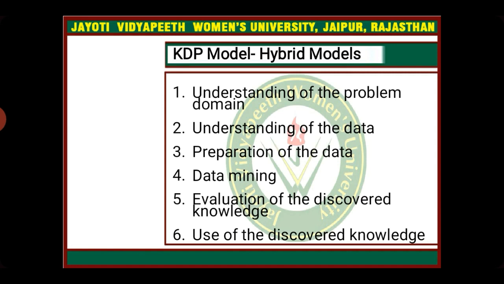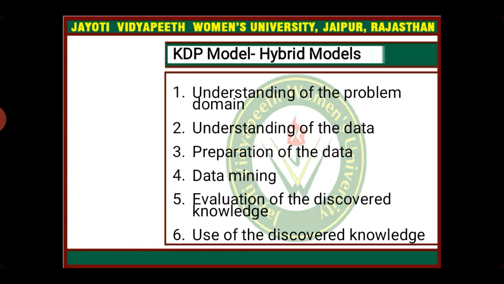This loop is based on the need for additional domain knowledge to better understand the data. Second is from preparation of the data to understanding of the data. This loop is caused by the need for additional or more specific information about the data in order to guide the choice of specific data preprocessing algorithms.